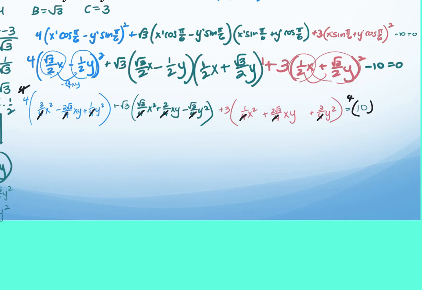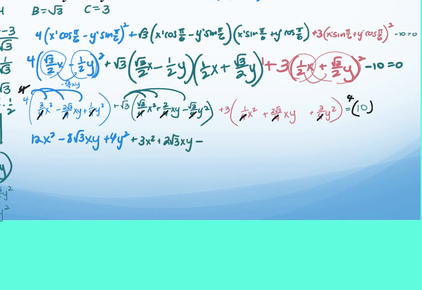So now I distribute the 4 in here. I get 12x squared minus 8 root 3 xy plus 4y squared. Then I distribute the root 3 in here, so I get plus 3x squared plus 2 root 3 xy minus 3y squared.